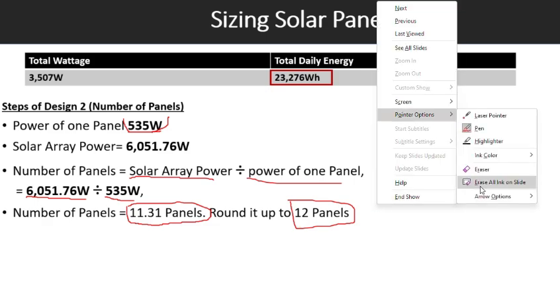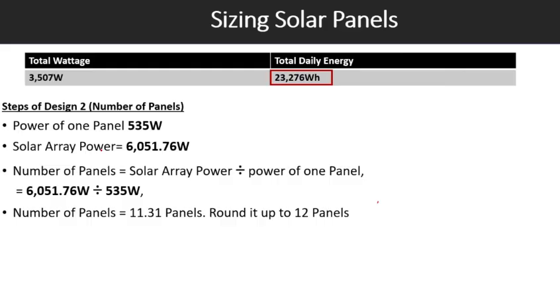So I don't know if you guys are getting it. Let me repeat these steps again. Our total array power is 6,051.76 watts, and we are choosing 535 watt solar panels. So in order to know how many solar panels, the formula here is the solar array power divided by the power of one panel.